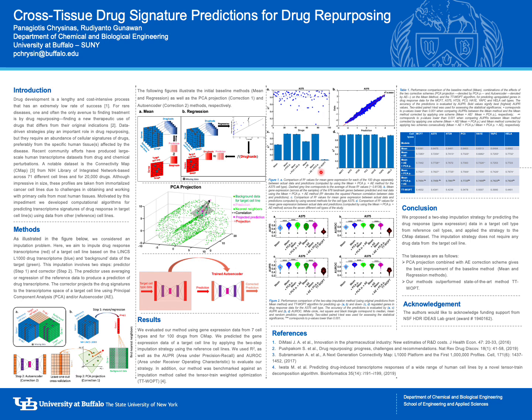Now, moving on, what we wanted to do is to check if our method can accurately predict upregulated and downregulated genes. For that reason, we used AUPR, area under the precision-recall curve, and AUROC, area under the receiver operating characteristic curve, to evaluate our strategy. In figure 2, you can see violin plots that compare our two-step imputation method using original predictions from the mean method and corrected with all possible combinations of corrections, and the TTWOPT algorithm for predicting upregulated genes.